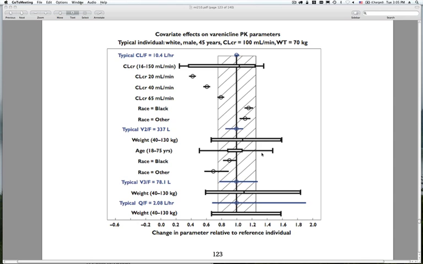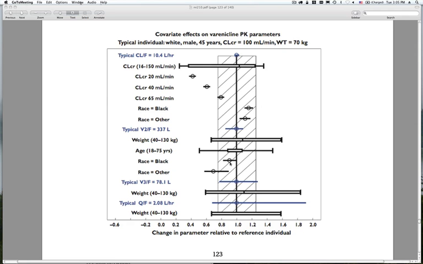In a p-value driven approach, you would probably say that this is not statistically significant because it covers the null value here, or a value that's equal to the reference individual. But the imprecision here indicates to me that there's not enough information to make a conclusion about that effect.